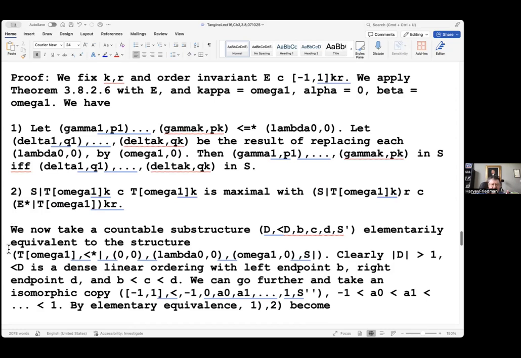All right, now we can go, and C is in between. Now we can actually go further, so C is in between. These two are the endpoints. Now we can go further and take, yeah, and S prime is going to have the maximality, right? And we can go further and make sure the copy is, D is just, the domain is minus 1, 1, and it's just regular less than, right? Do this. And then the left endpoint is minus 1, the right endpoint is 1.